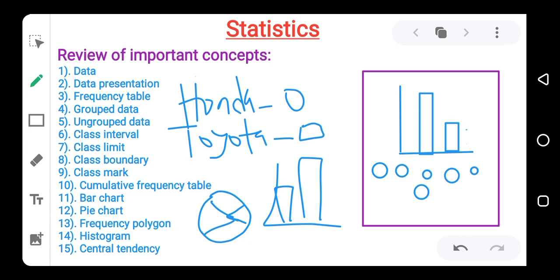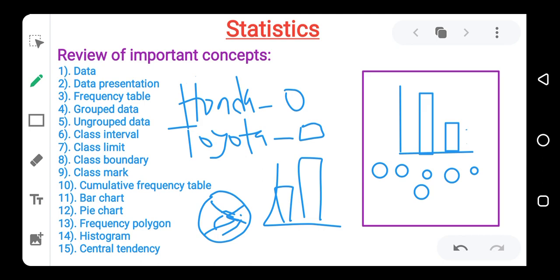So maybe this one is 20 degrees, this one is 30 degrees, this one 40 degrees, this one 80 degrees. Once somebody sees that this sector looks bigger, the person already knows that the data there is bigger than the ones with smaller sectors. So we have different ways.